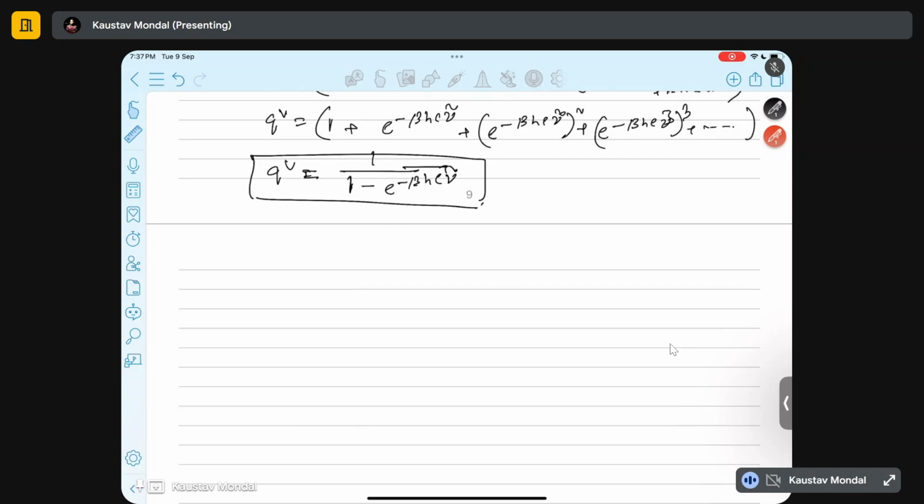Okay, so let's first check for the lower temperature. So case 1 would be the low temperature case.